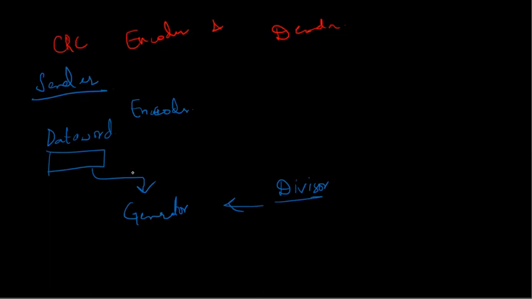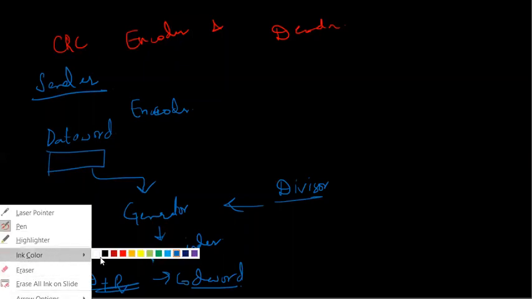Whatever remainder it gets is added to the data word. So data word plus remainder, this entire thing, is now known as the code word.